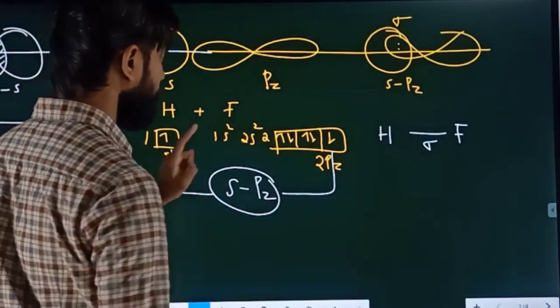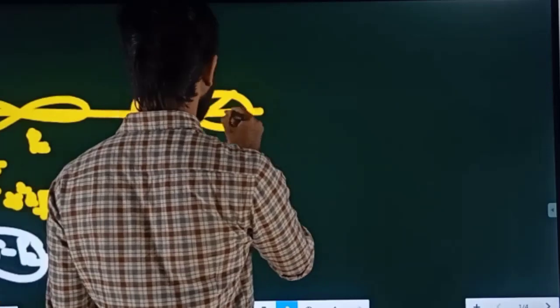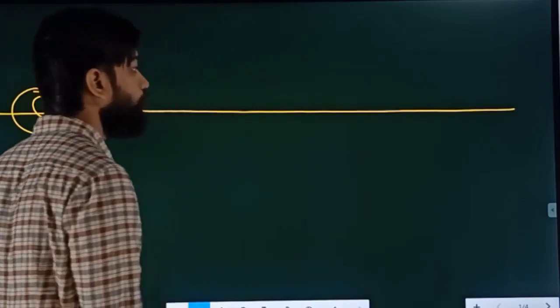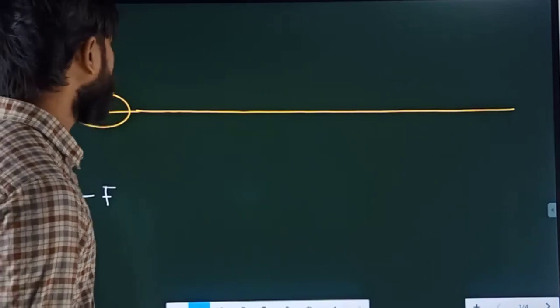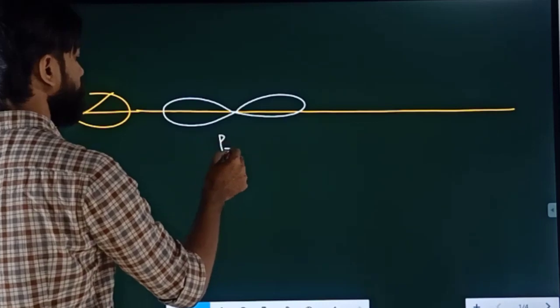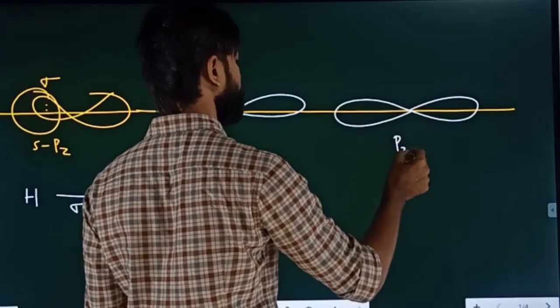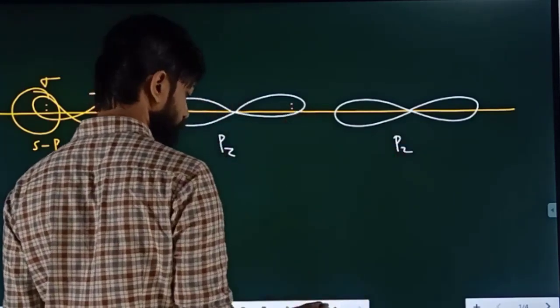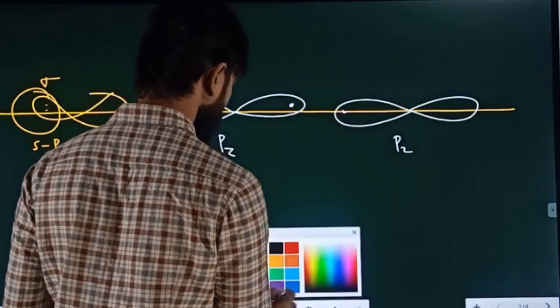Fine. There is one more chance for your sigma bond. On the very same internuclear axis, if we have two pz orbitals, this is a pz orbital which can overlap with another pz orbital, each with one electron.